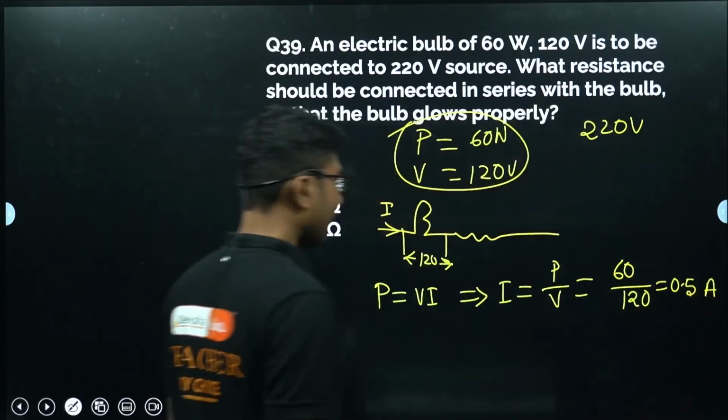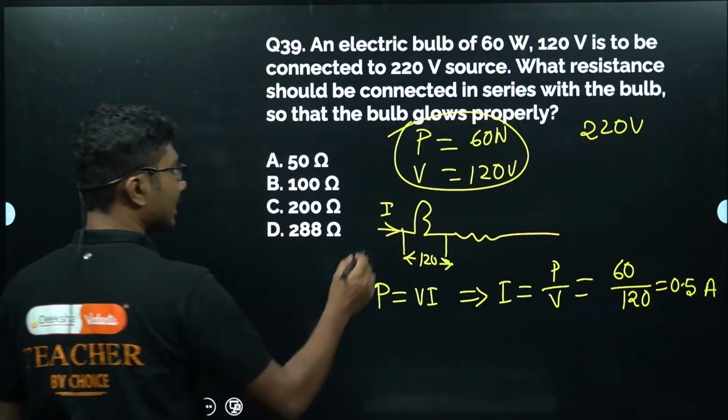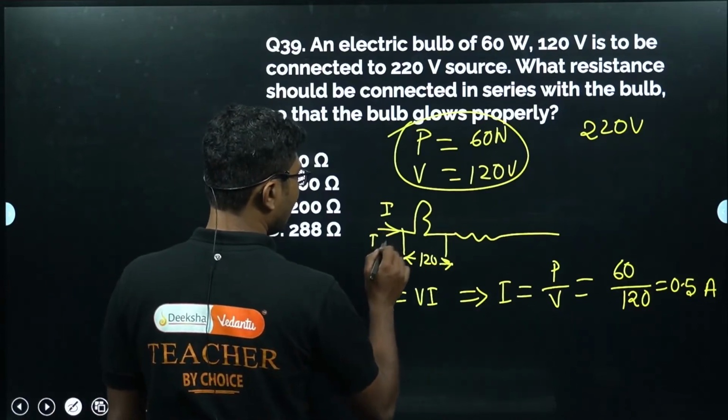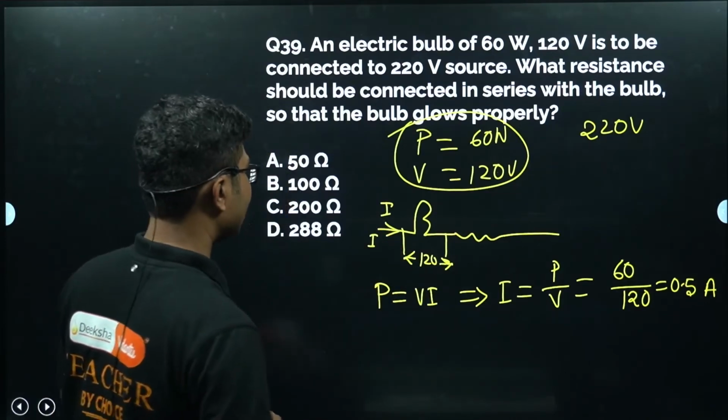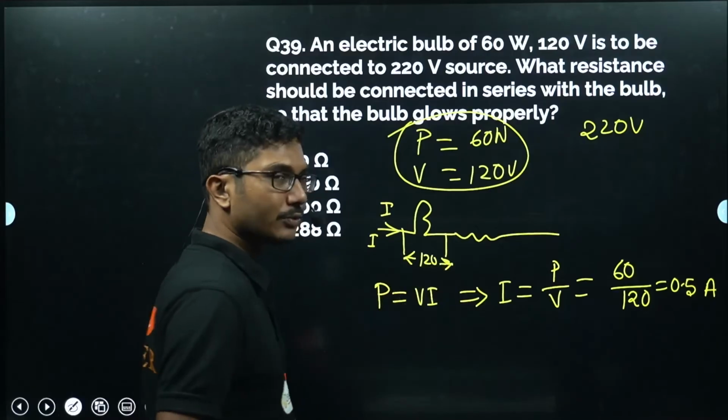This is the current in the circuit. So when the circuit is constructed, the current should be 0.5 amperes. Now the voltage drop across the bulb is 120 volt.